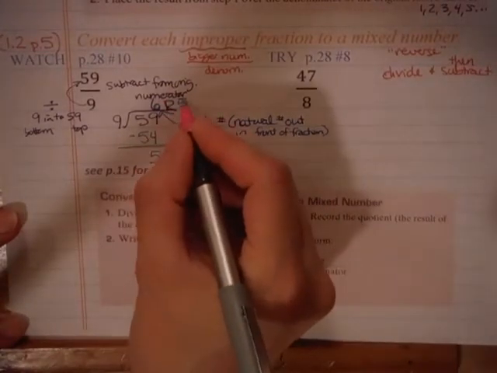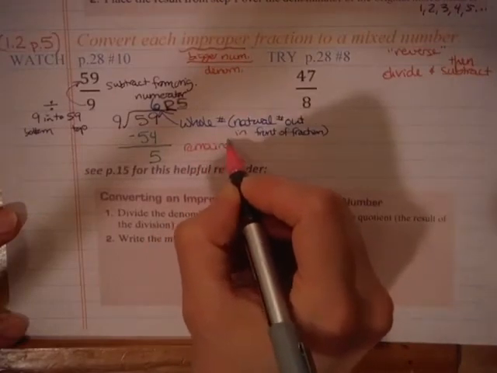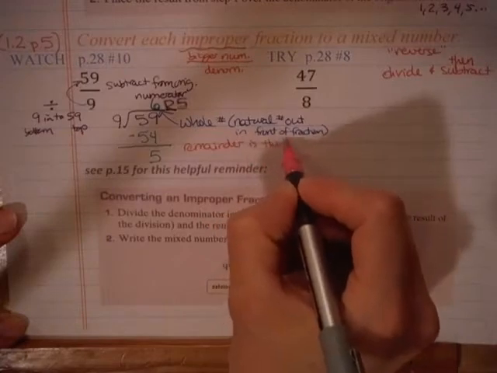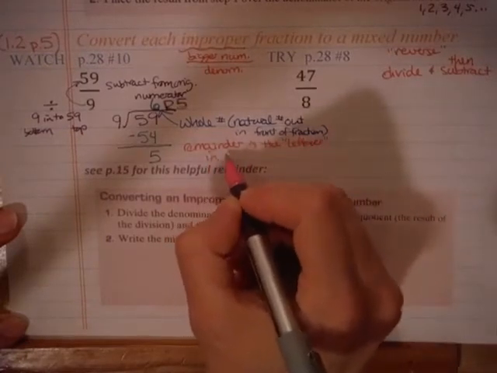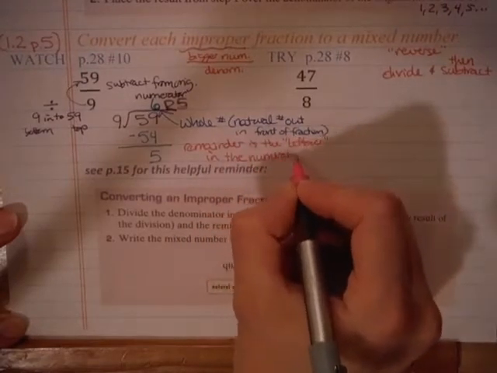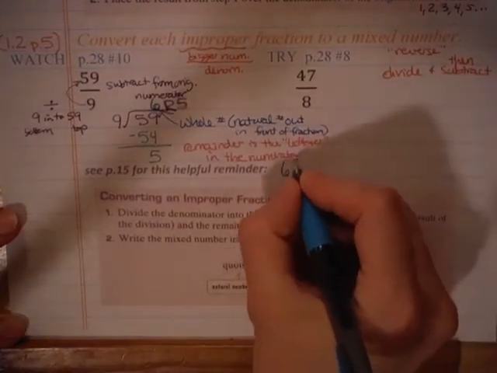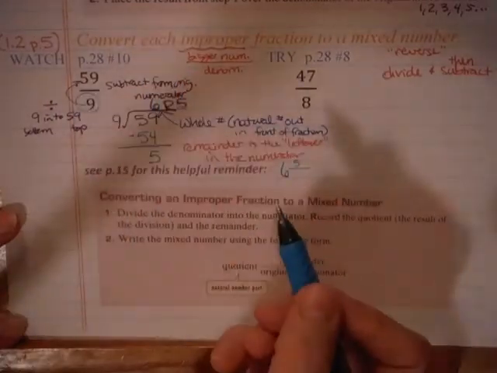The remainder part becomes the leftover numerator. The remainder is the leftover in the numerator. So in this case, our answer becomes 6 and 5 what? Well, the denominator never changes in either of these situations.